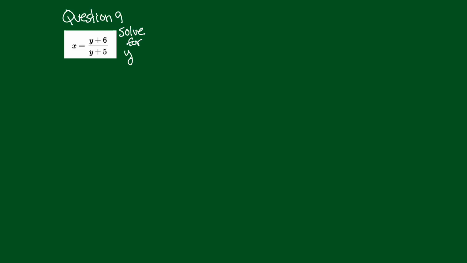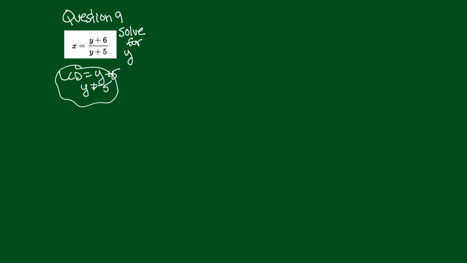Question 9 asks us to solve this equation here for y. So we've got x equals, I've got x on the left, y is on the right. Let's solve this for y. So we have that y equals something. Now, got a denominator, so let's get the LCD, which is y plus 5, and of course y cannot equal negative 5.